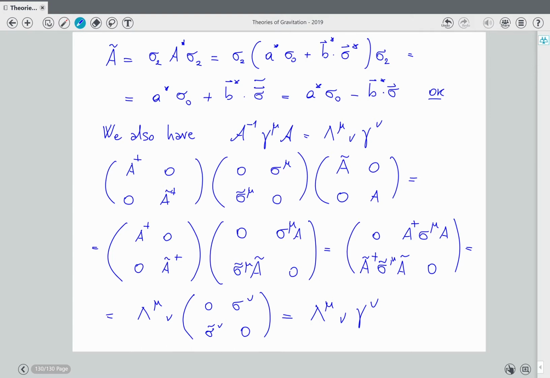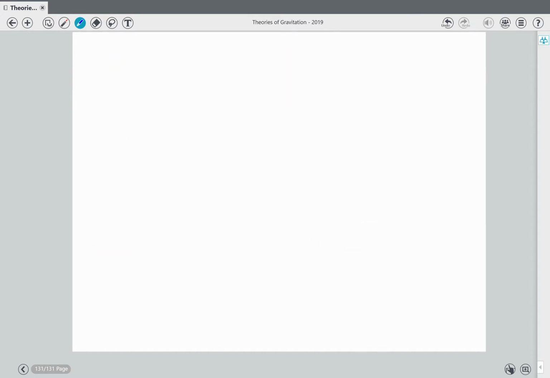So this works. We need to do it for the coupling to gravity. We have to know the relation between lambda and A more explicitly. So let's write it down and prove it. The relation between lambda and A is as follows.